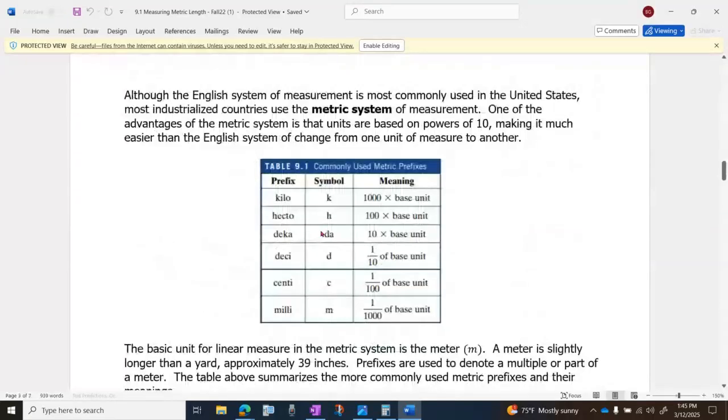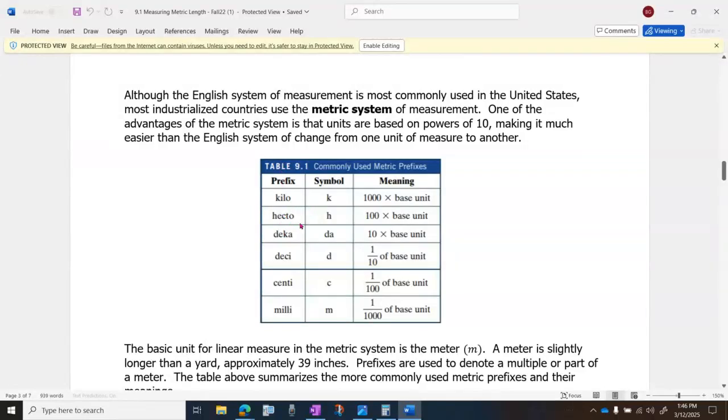Yeah, hecto, not hector, hecto. Kilo, hecto, deca, DAM, decameter, deci, DM, decimeter, centimeter, millimeter. Yeah, it's good that we actually pronounce it correctly.